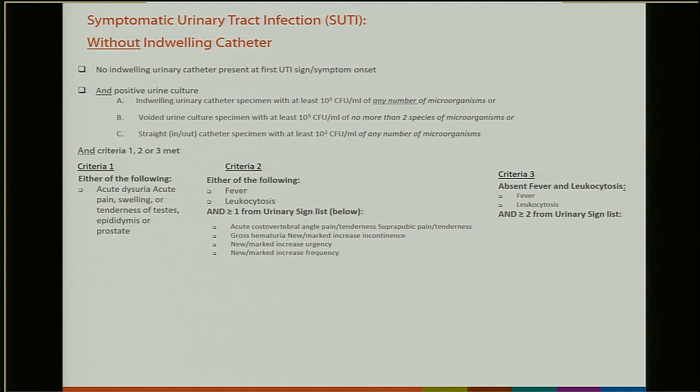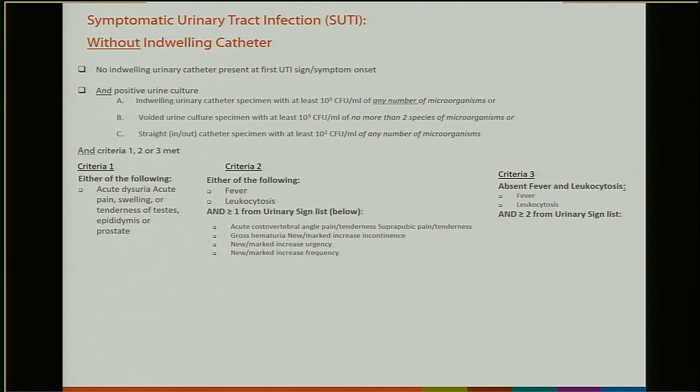I'm going to put up on the slide very briefly the urinary tract infection definitions, because that's what most of this presentation is going to focus on, what we found related to UTI in the point prevalence survey. There's a definition for UTI without the presence of an indwelling catheter, and the hallmark feature of these surveillance definitions is that you're required to have a positive urine culture with a certain number of CFUs and certain organism types.